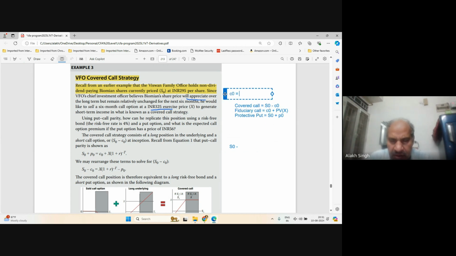C0 is equal to this, so I am putting only C0. If I bring PVX here, means if I put minus PVX, I get C0. So C0 is equal to S0 plus P0 minus PVX. That's correct?